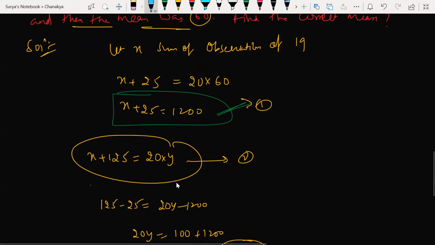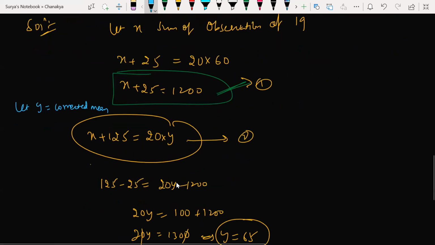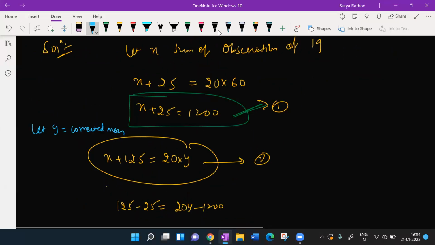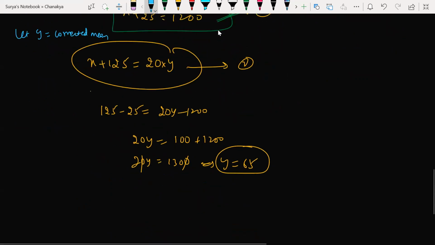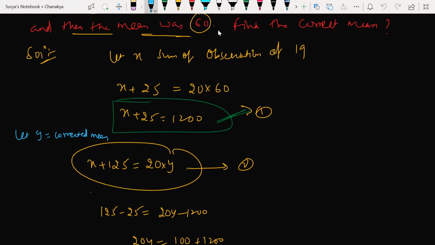We have to find out y here. Let y be equal to the corrected mean. Then x plus 125 is equal to 20y, and if I solve the first and second equations, I would get my y value very simply. Hope it is clear. Very simple, guys. There's nothing to worry much.